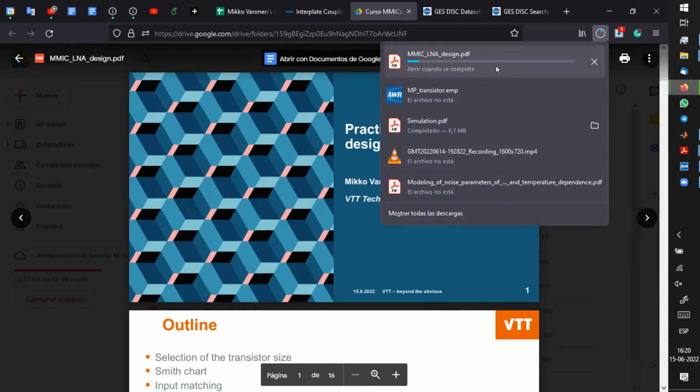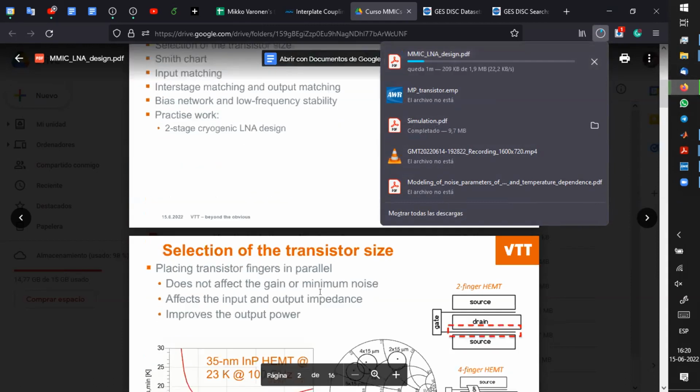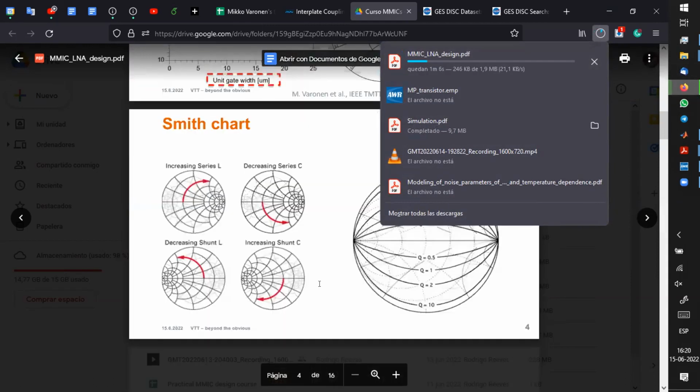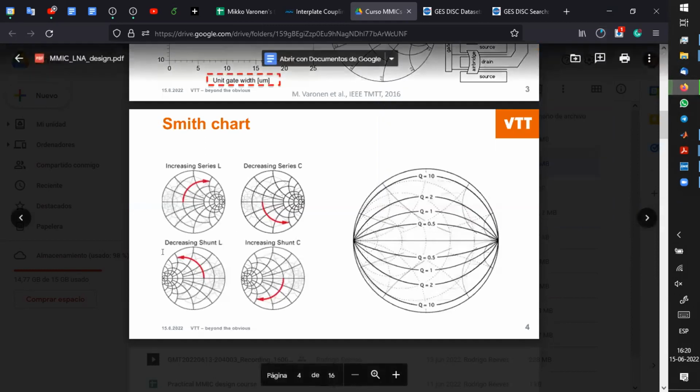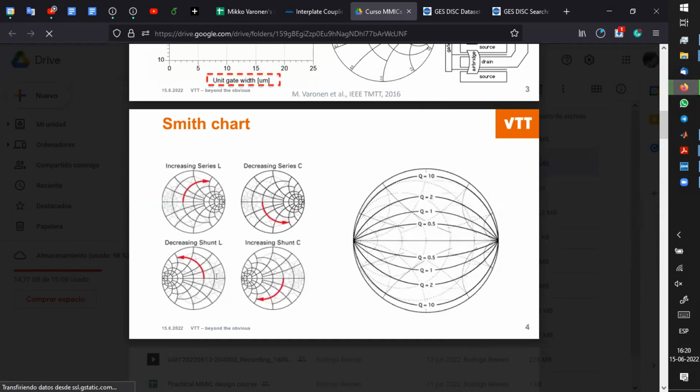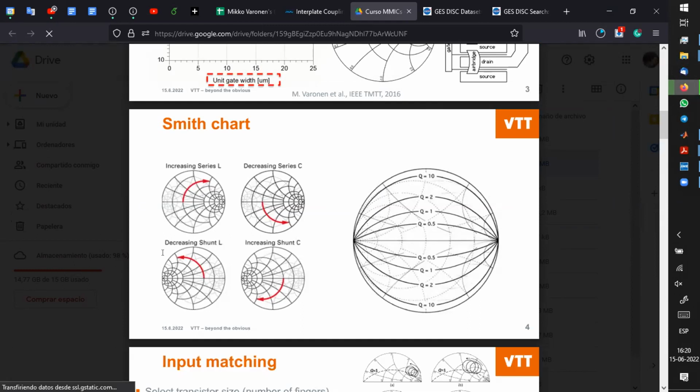Sorry about that. Maybe you can scroll down that. Okay, there it was. So what you added was a shunt inductor to ground. So you can see decrease in shunt. That was the short circuited shunt stub.